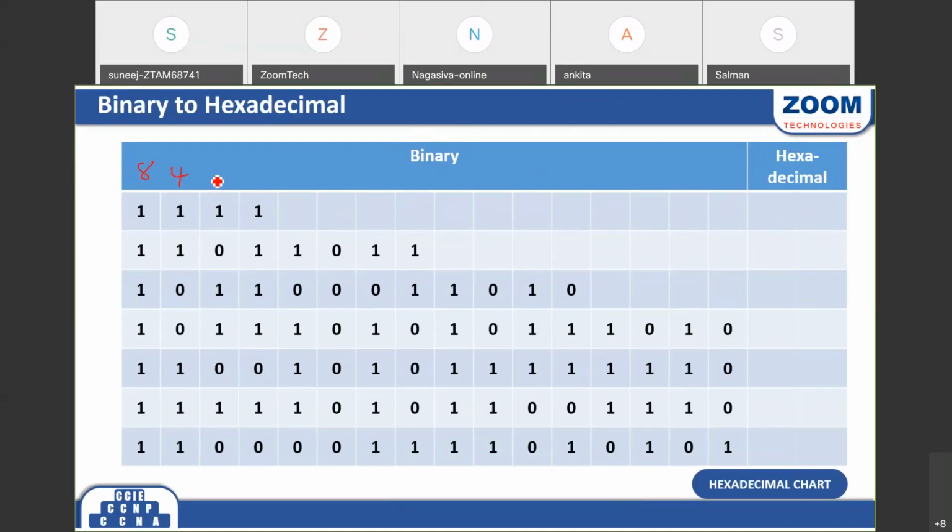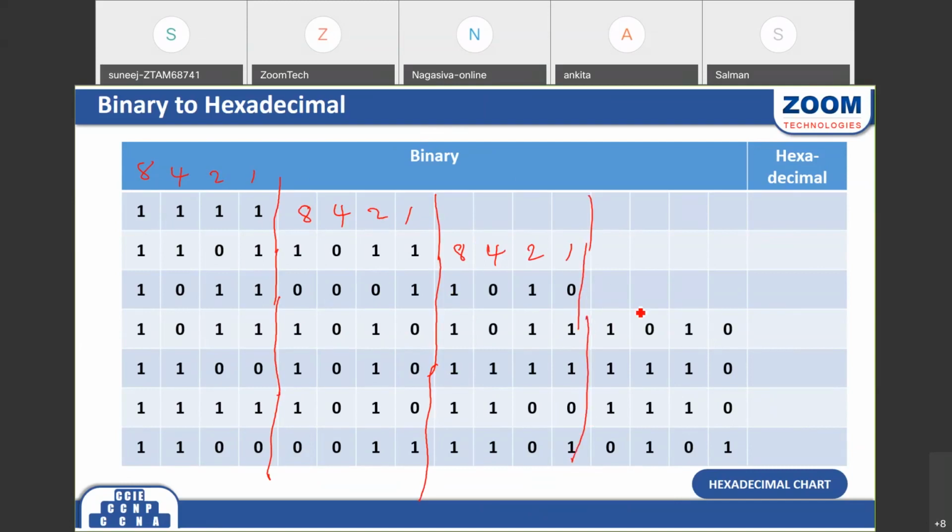Let's consider this is the first value. Next, 8, 4, 2, 1, the second value. And 8, 4, 2, 1.